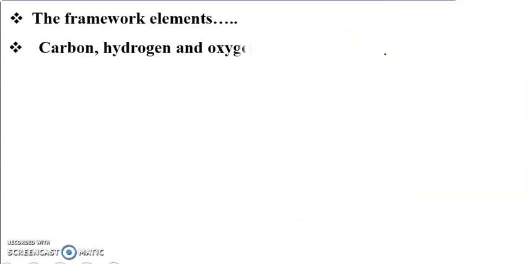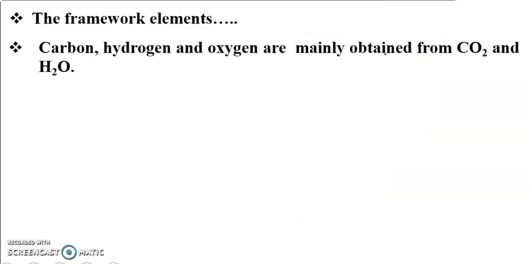Now in those 9, carbon, hydrogen and oxygen are the framework elements, and they are not absorbed from the soil directly. They are absorbed from carbon dioxide and water. Oxygen is coming from gas, carbon dioxide, water. So carbon, hydrogen and oxygen are taken from the gaseous form, they are not taken from the soil.